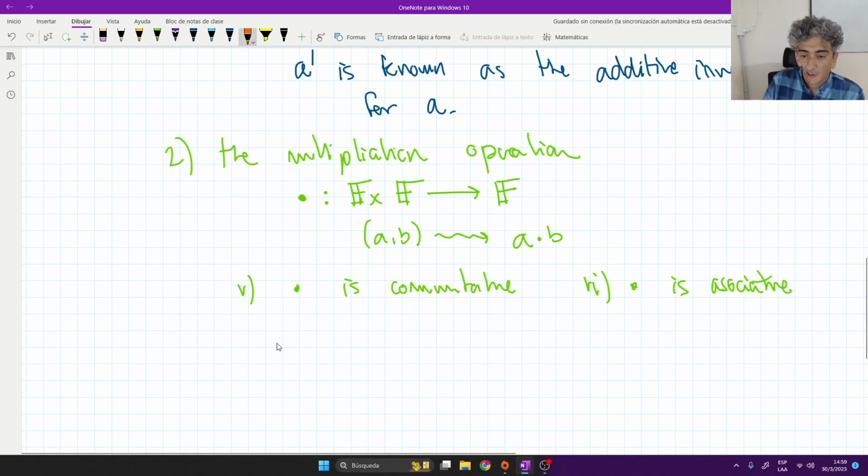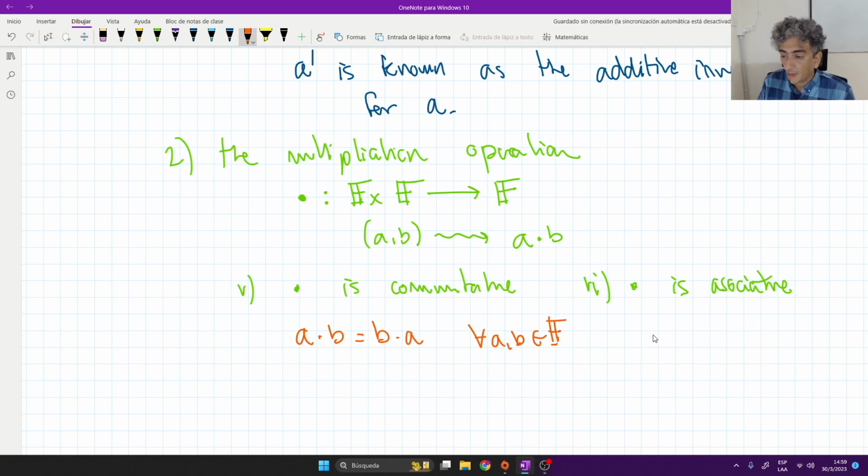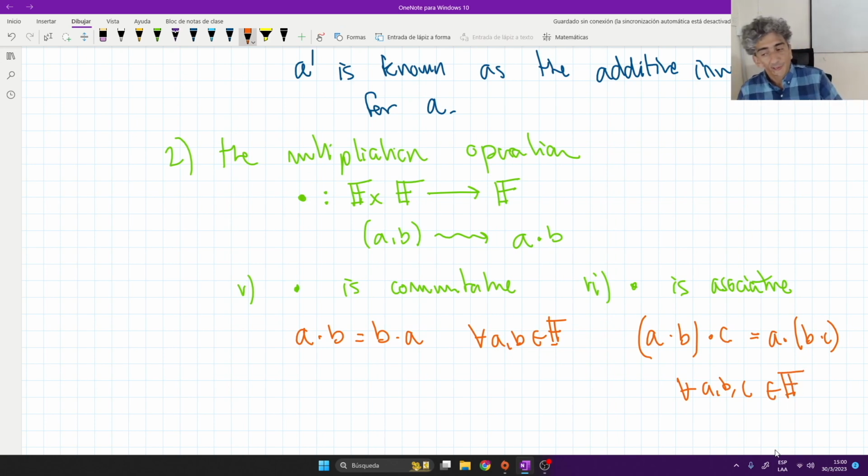That means that A times B is the same as B times A for every A, B in F. And this means that (A times B) times C has to be the same as A times (B times C). It's also for all A, B, C in F, right? So this operation has to be commutative and associative, right?